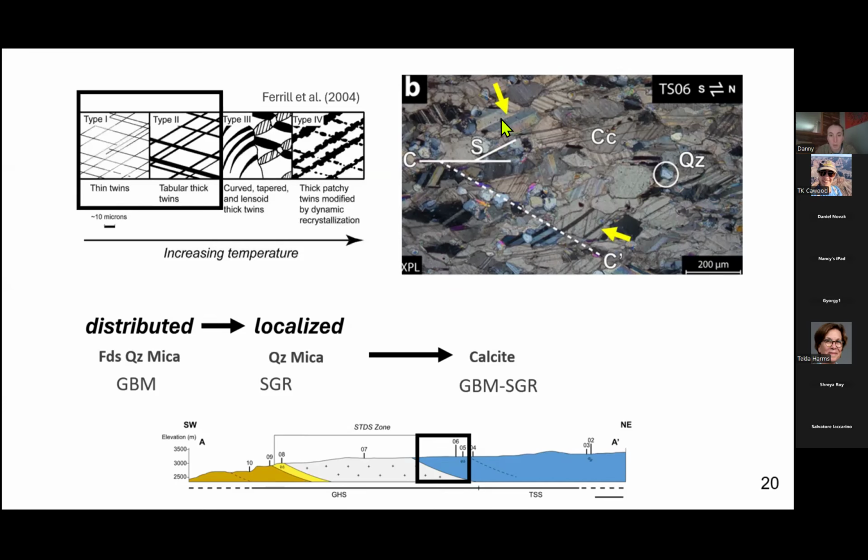Specifically, the type of twins that we see are these type 1 and 2 twins, and they have not been affected by the dynamic recrystallization. So to summarize, in the Tethyan sedimentary sequence, we see two different phases of deformation, an early dynamic recrystallization phase and a later phase with mechanical twinning that overprints the dynamically recrystallized grains.